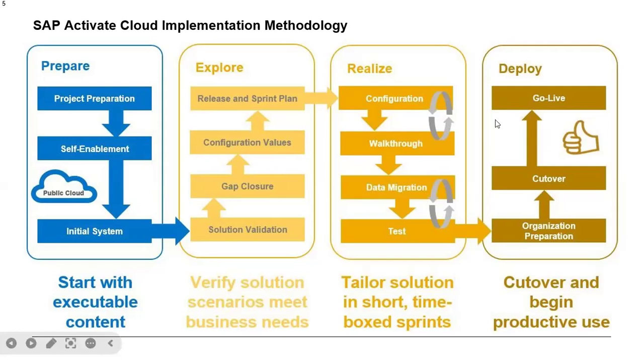And in the deploy phase, you can understand first that in every implementation there are three instances. You have seen the first instance which I've shown to you, SuccessFactors. They have around three systems: one is development, second is testing, which is called the preview system, and third is production.